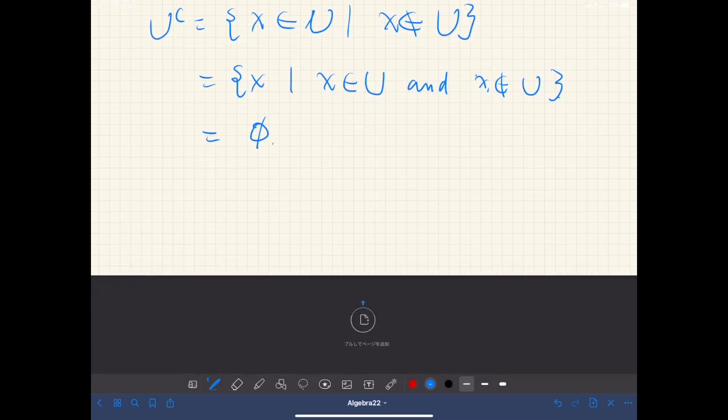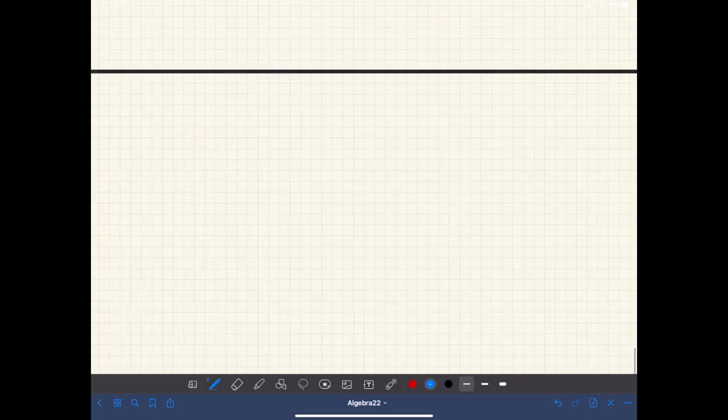And also there are some equalities involving universal set U. So that's complement of A and union A. So that should be everything within A and everything outside of A. If we take the union of these, it should be the universal set.